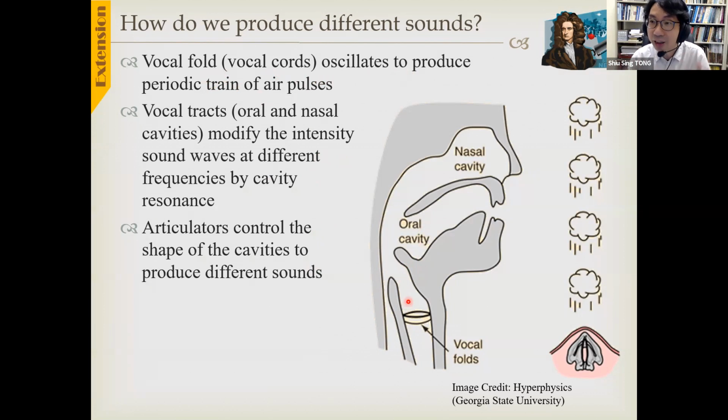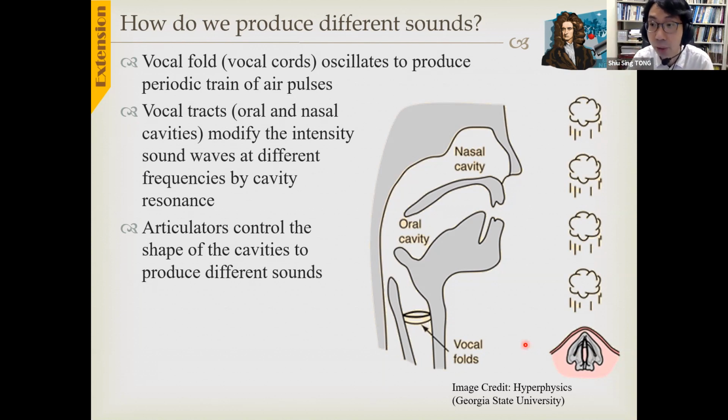Now, the fact is we cannot control our vocal cords. Our vocal cords always vibrate like this. It's due to the air rushing into the cord and setting it into vibration. And the vocal cord actually always vibrates with the same series of frequencies.